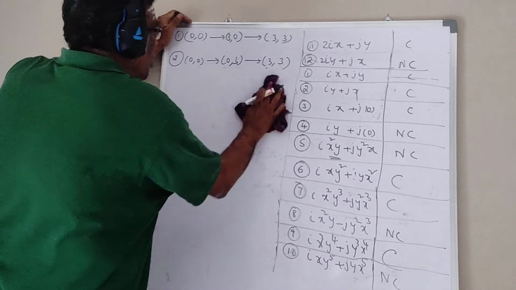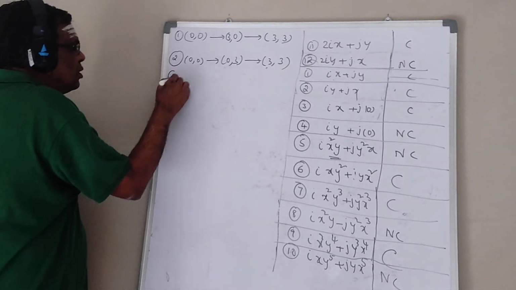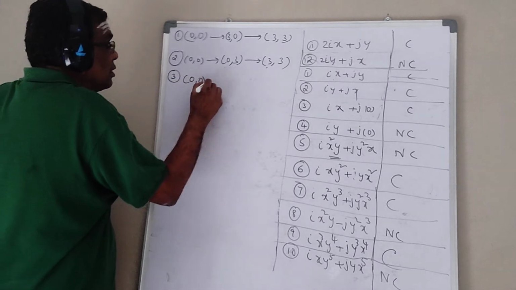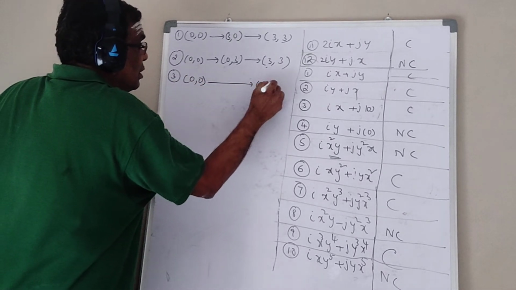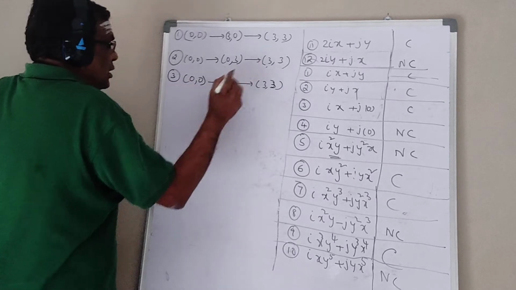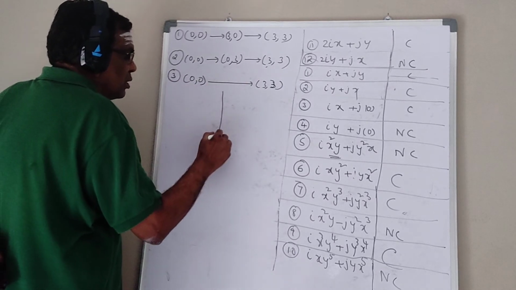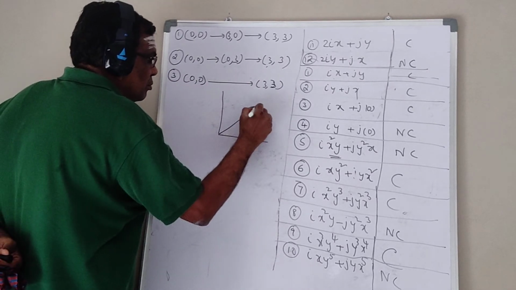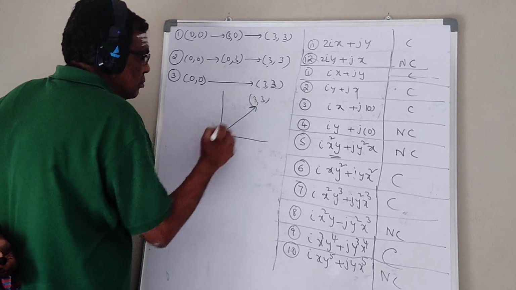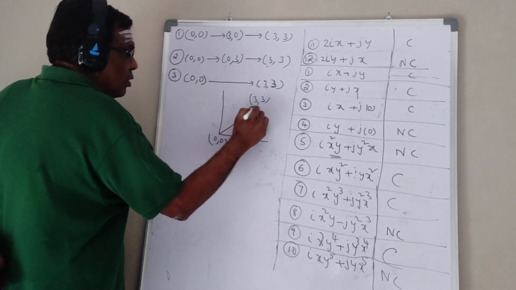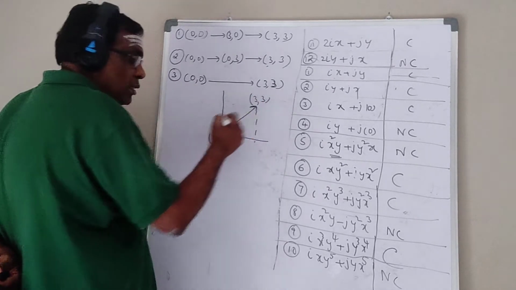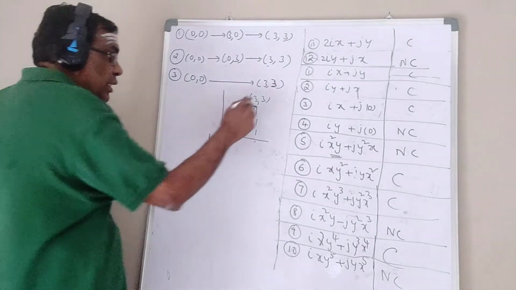Now, I want you to go direct, from 0,0 to 3,3. These are all straight paths. That means what? Now you have to get what is the path here.